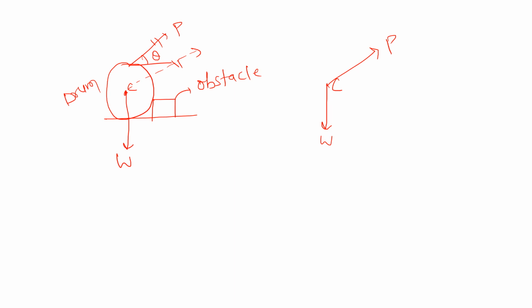And from this obstacle your reaction acts along this direction, that is R. And one more reaction can act from the floor, but here we only consider the obstacle, so we only take care of the reaction of the obstacle. Okay.